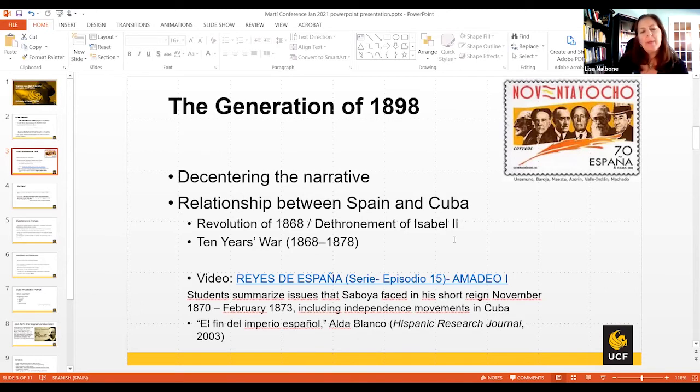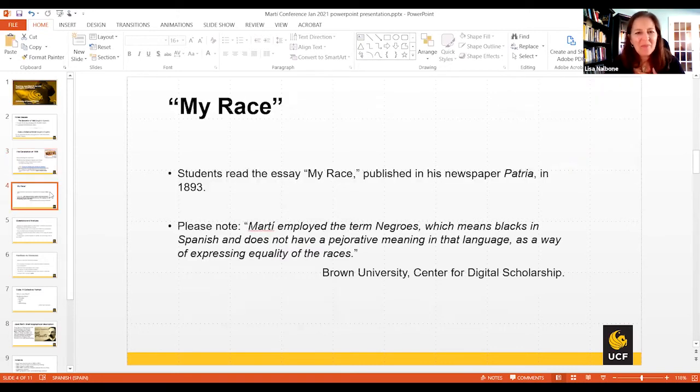And so what begins to emerge then is this idea of how events happening in both areas related to one another. And so that's really my goal in presenting this, so that it's not so one-sided presenting of what happened in Spain. So students in all of the classes read My Race, Mi Raza, as published in Patria, 1893.